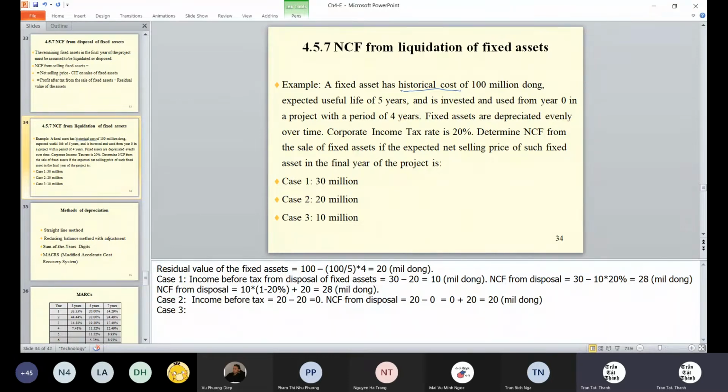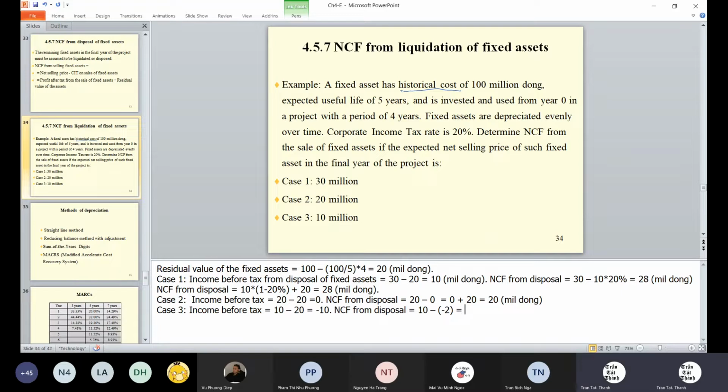That's the second case. How about the third case? For the third case, income before tax is going to be negative. But you are going to calculate the negative corporate income tax as well. The net cash flow from disposal would equal, the first way, the money you get minus the tax, but the tax now is a negative tax.